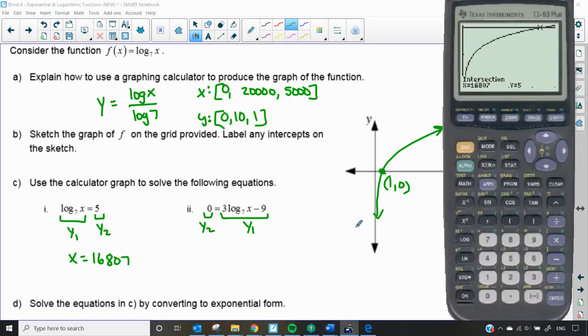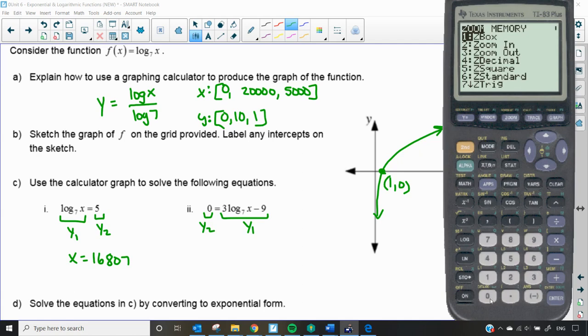Let's try the second equation here. We've got 3, and entering this part in, we're going to have to go log of x divided by log of 7, and then minus 9, and we're intersecting that with 0.